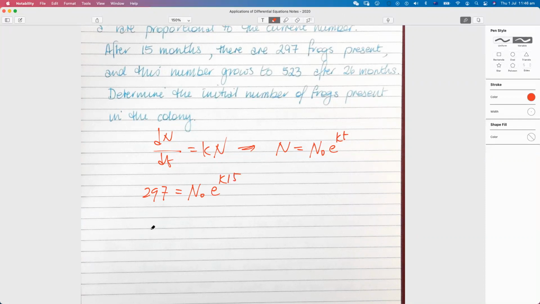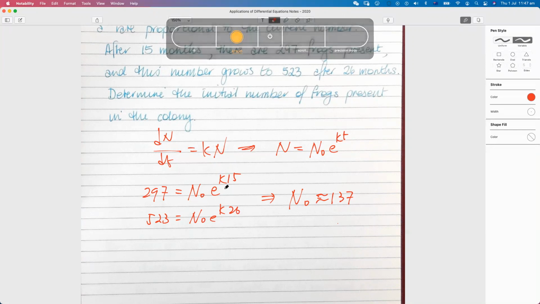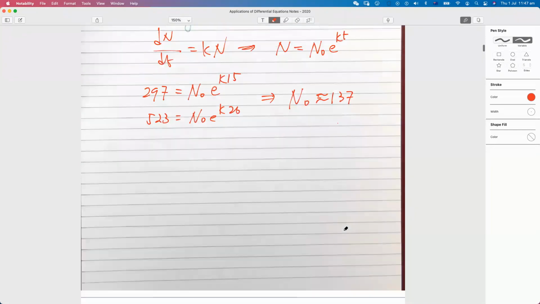The second equation: 523 is equal to N naught e to the power of k times 26 months. By putting this into your calculator, I get the answer straight away. Your N naught is approximately 137. So this is solving a simultaneous equation, and our variables are N naught and k.